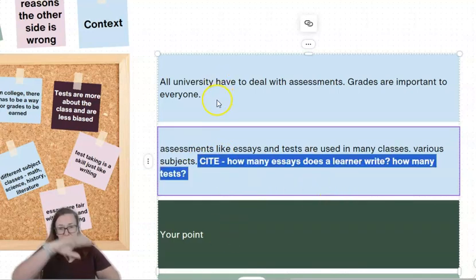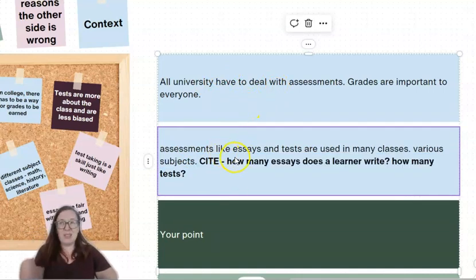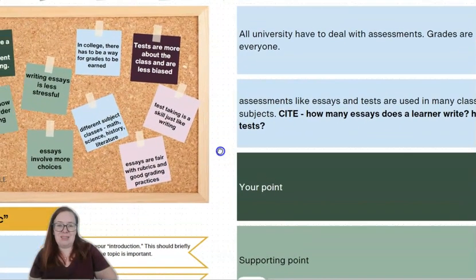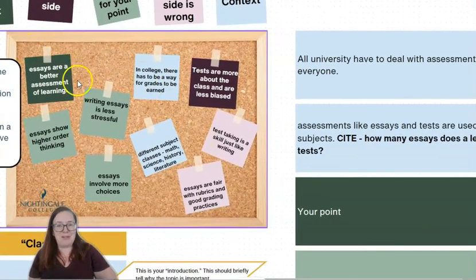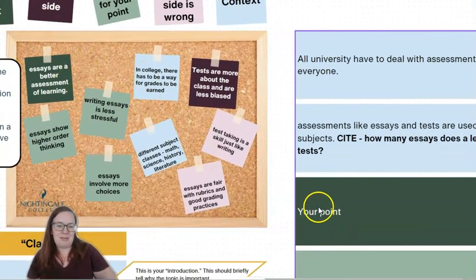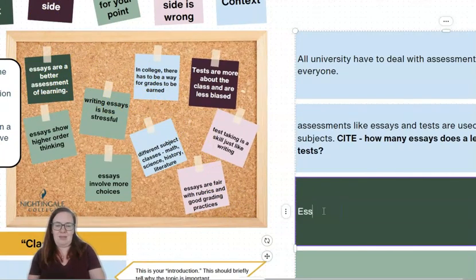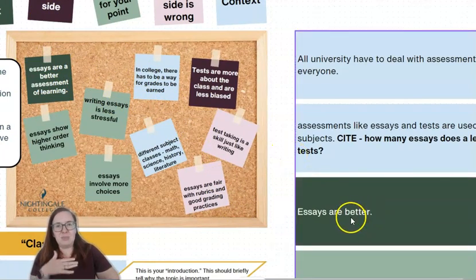Once I've given why this is an important topic and some more historical or contextual background, I get to give my point, which is called the thesis in the classical, or the proposition. And if we remember, I'm going to go with essays are a better assessment of learning. In this section, I simply talk about my point.